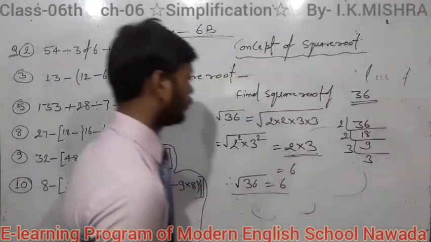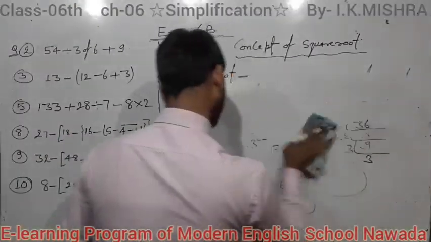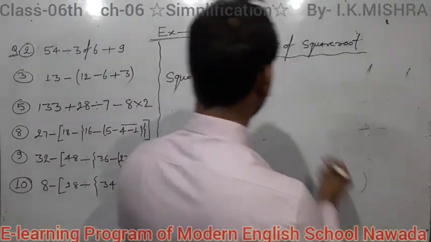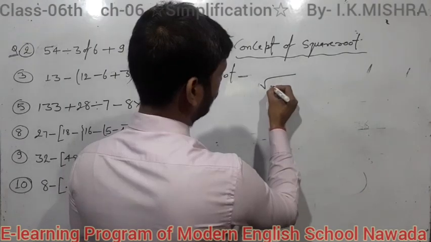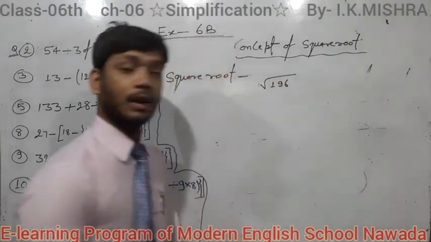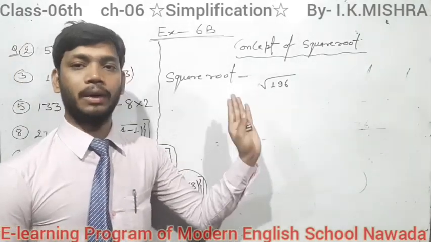Suppose you have to find under root 196. Here, students, you have to find the square root of this number.